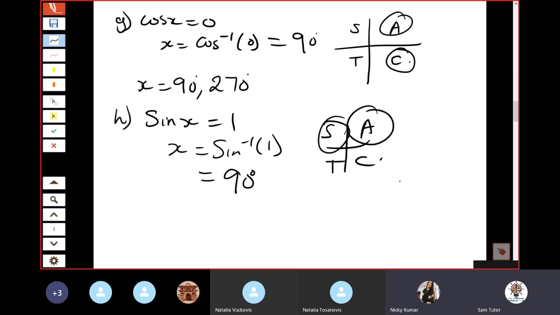Sine is positive in S and A, so you would do 180 minus 90. So 180 minus 90 is still 90. And that's 90. So how many answers will you have for this one? Just the one answer. You're done.